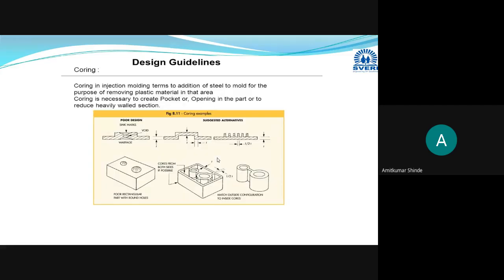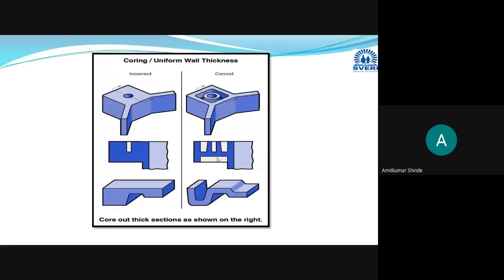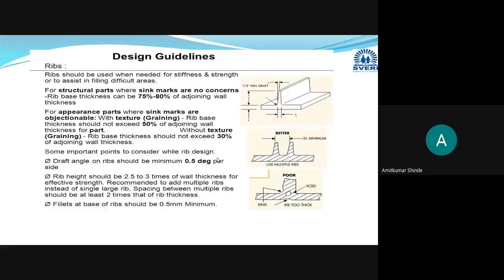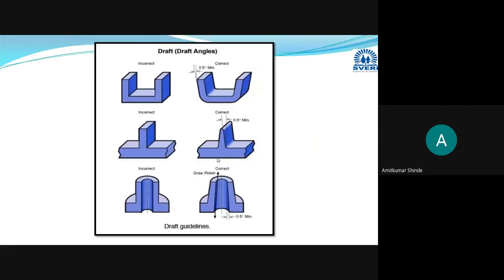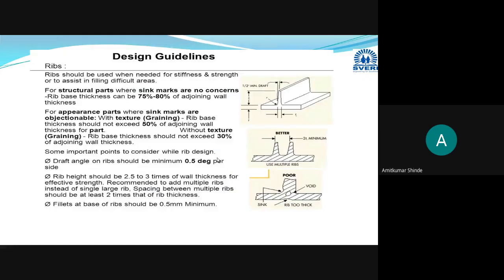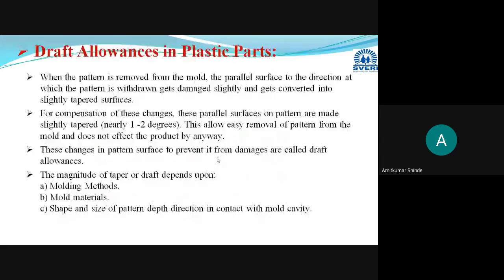These slides cover why coring is required, some design guidelines for coring, then ribs, and again some design guidelines related to drafts. So that we will discuss in the next session.